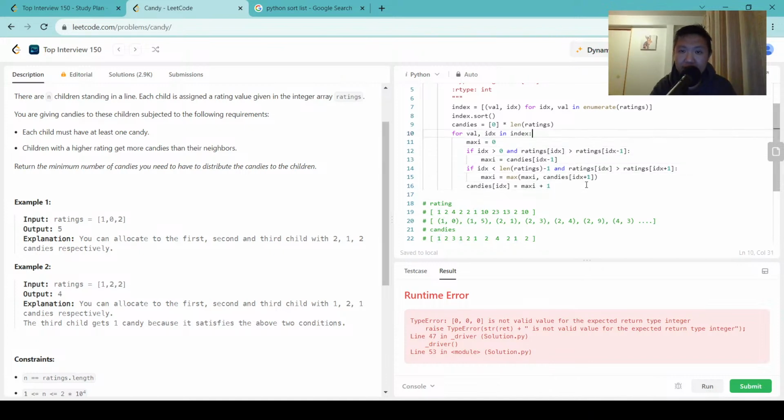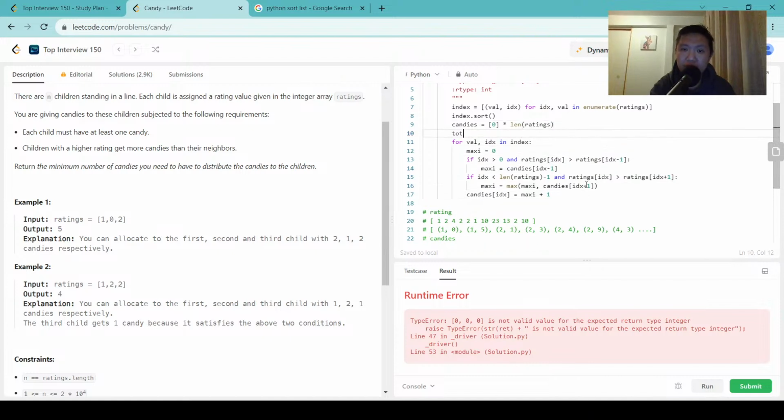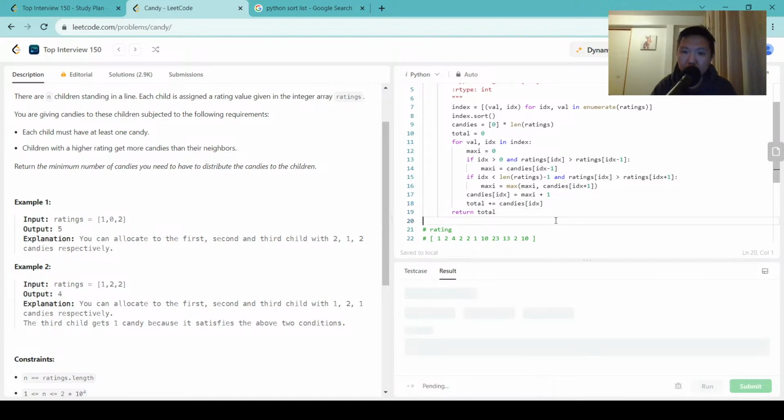Actually, I can just say total 0, and then total plus equals, and return total. Okay, I think this should work. This should work for the simple cases anyway.